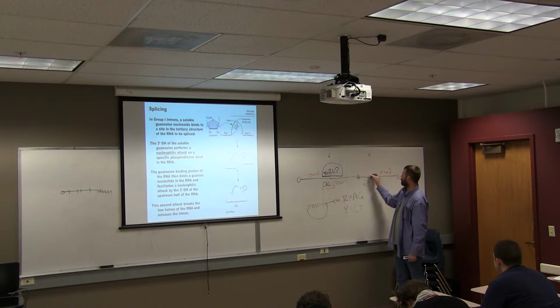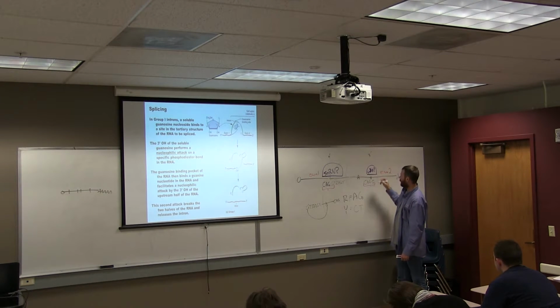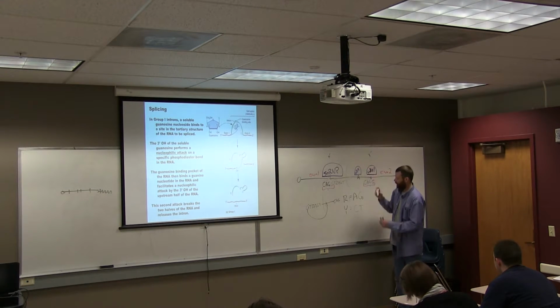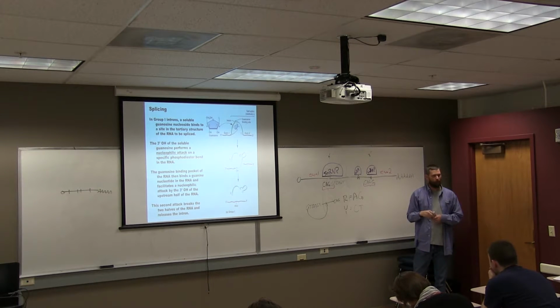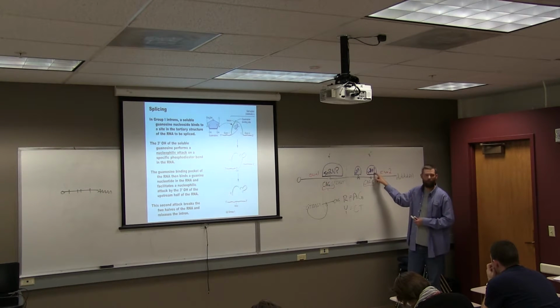We have a different SNRP. Binds here, and then we have even yet another SNRP that binds on the branch point A. So this is probably 6 proteins, this is probably 4, this is probably 6.